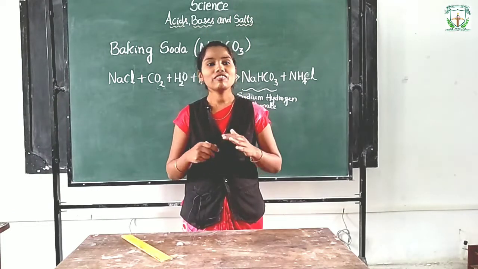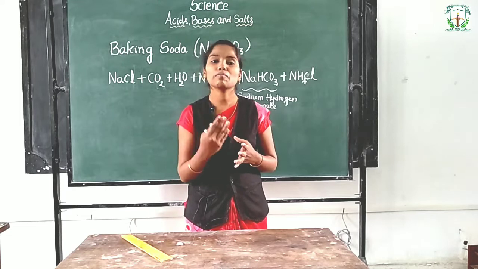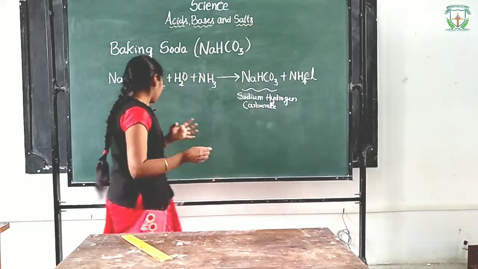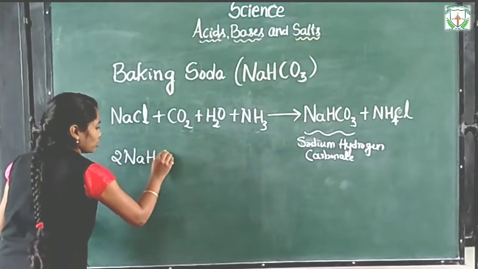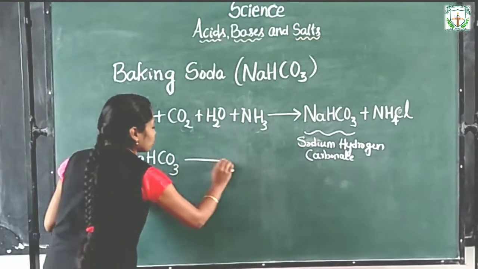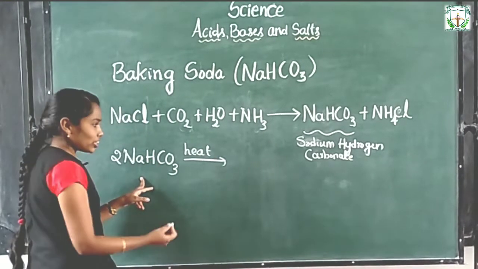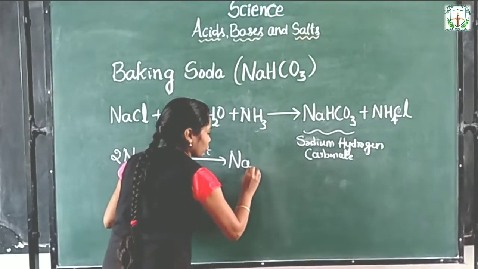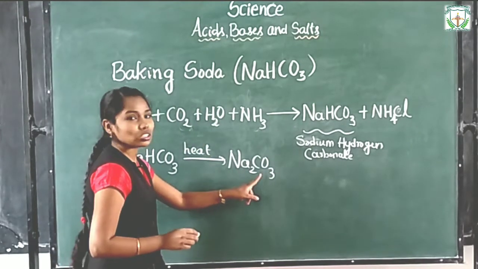Children, when we heat the baking soda, which gas is going to be liberated? Carbon dioxide. So when the baking soda is heated, it is converted to sodium carbonate, that is Na2CO3.